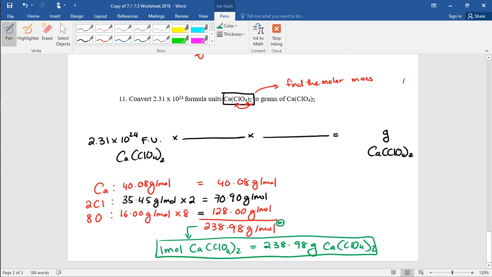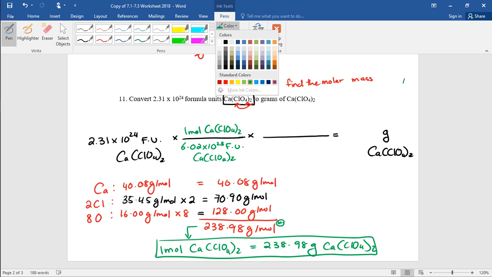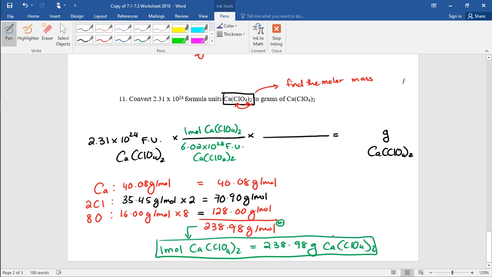Okay, so now we're ready. So we have formula units. I want to go to moles. So that is a type of particle. So 6.02 times 10 to the 23rd formula units of CaClO4 2 on the bottom. Okay, and 1 mole of CaClO4 2 on the top, and then the next one is going to be using our molar mass here.